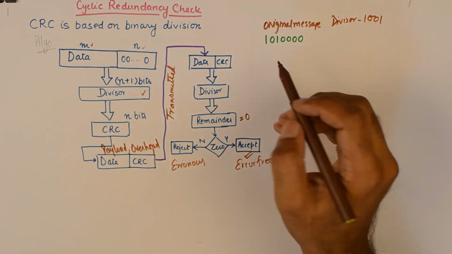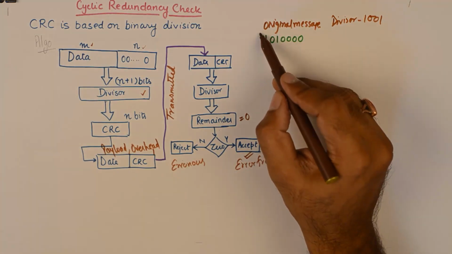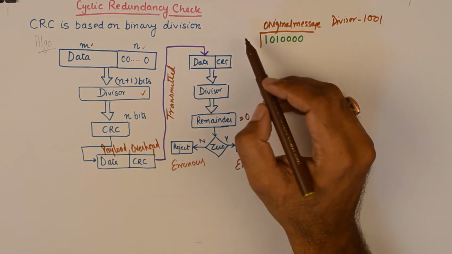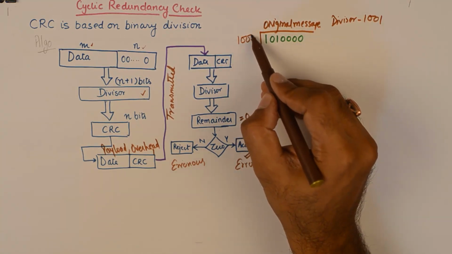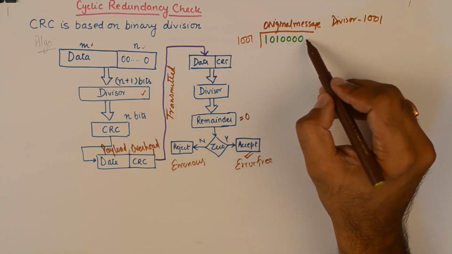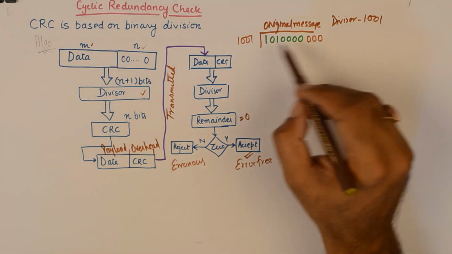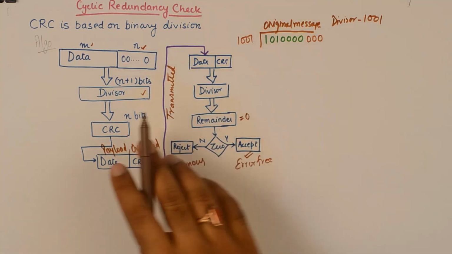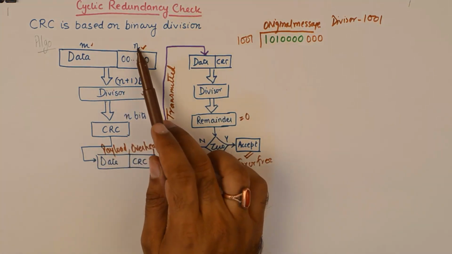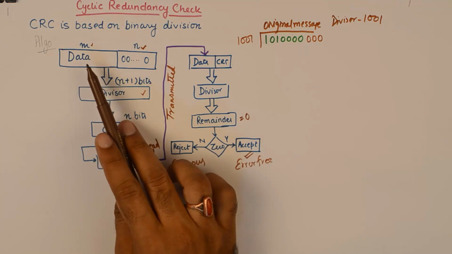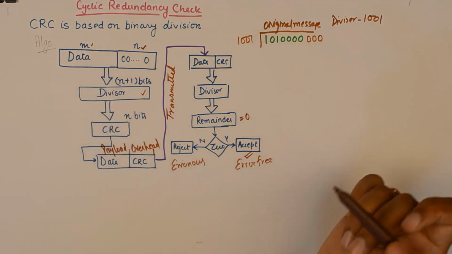So the first step will be to divide this, and by the way, we will add 3 additional bits here, because we need to add n zeros to the m bits of data.